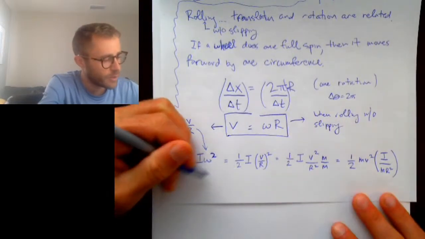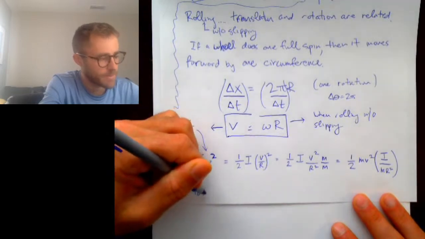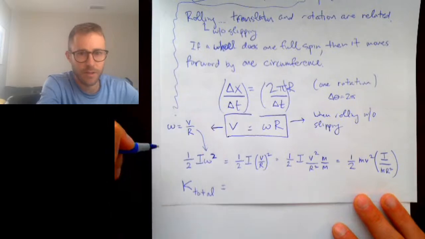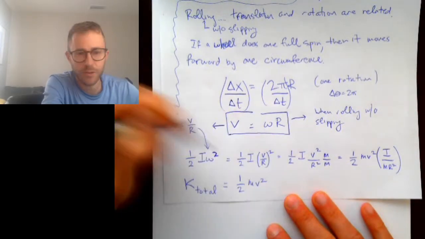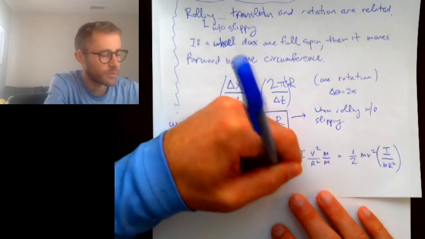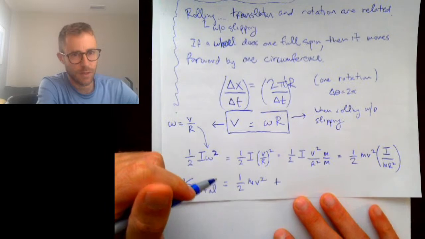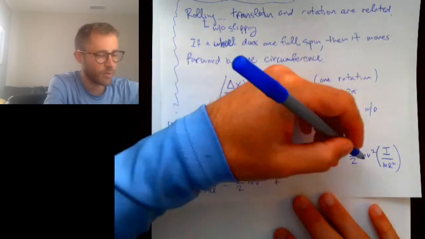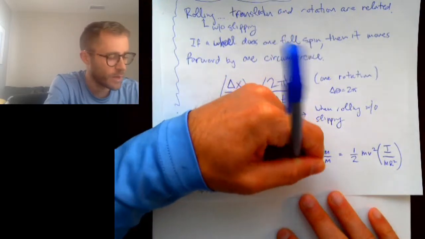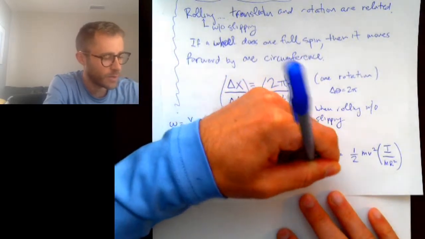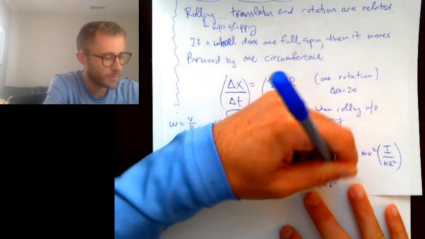It's because your total kinetic energy is going to be the translational kinetic energy, which is 1/2 mv squared, plus the rotational kinetic energy, which I'm going to write in this weird new form, which is 1/2 mv squared times the quantity I over mr squared.